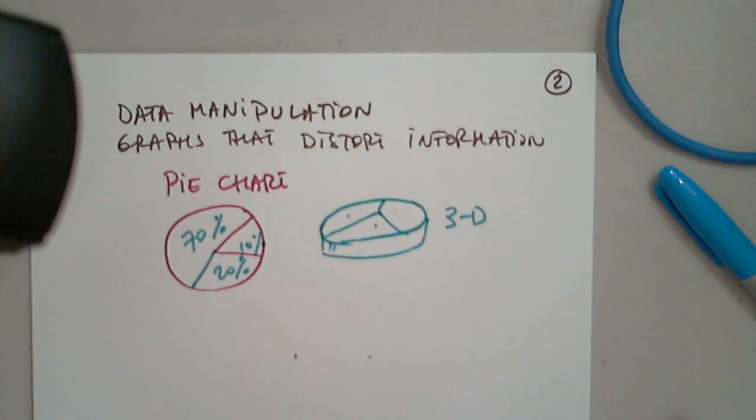Now let me share my screen and we can work on any problem. Identify which of these methods can be used to distort a bar graph. Select all that apply. Stretching the vertical scale. That's the example I just gave you.